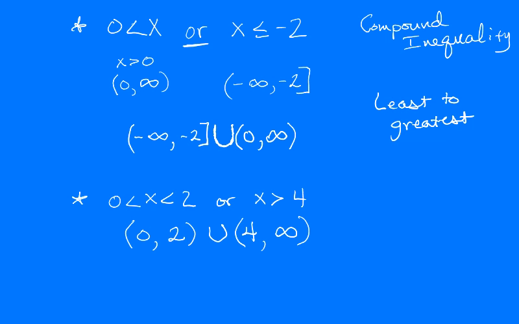Right, so these describe, in the same way that an inequality does, these also describe the numbers. So this says all real numbers between 0 and 2, but not including 2 or 0. And this says all real numbers greater than 4, but not including 4, and that these two sets are now coming together to make one set. So that would be a way to represent two sets coming together in the union.